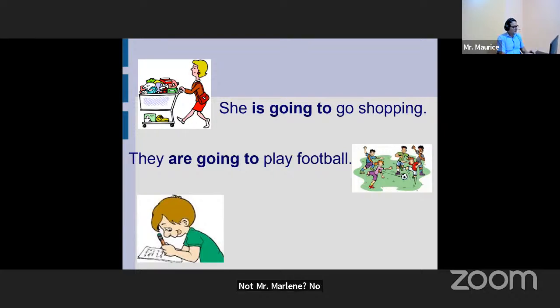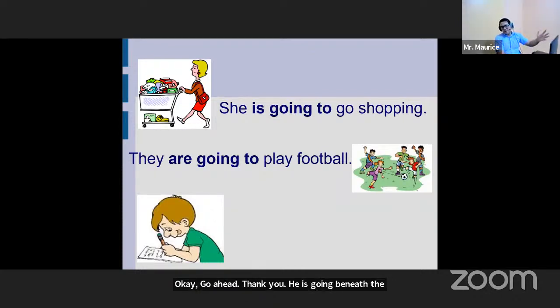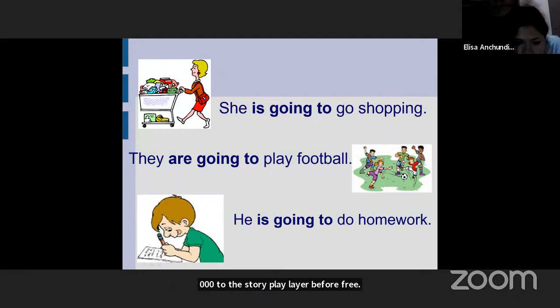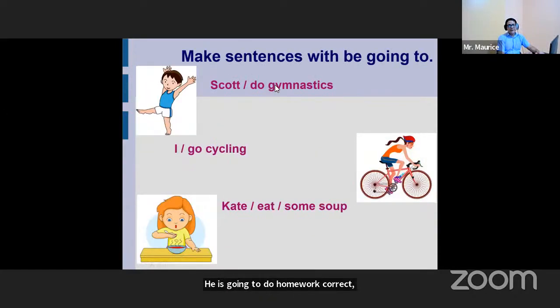No, no, pero se ha registrado por eso la asistencia, se ha ido. Ok. Yo, profe. Okay, go ahead. Thank you. He is going to finish the exam. Okay, that's correct. Bueno, yo tengo algo diferente, pero la estructura que me acabo de decir está bien. ¿Puede leer, por favor? Read, please. He is going to do homework. Correct. Good. Okay, same thing.